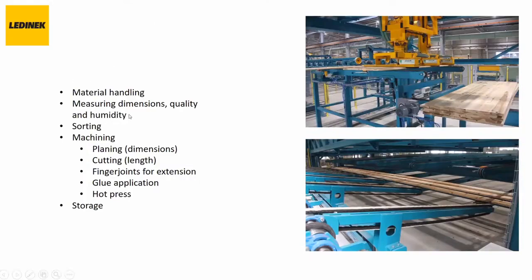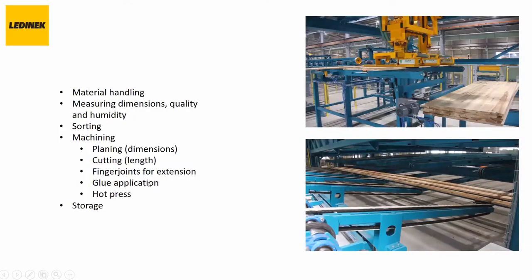We have material handling, and a measuring of the dimensions, the quality, the humidity and so on. This results in a sorting strategy, and then these elements are machined again: they're planed to dimension, cut to length, and given finger joints, so you can achieve all these different lengths, for example up to 12 meter lengths, or depending on the CLT manufacturer what maximum length you need, and 3 or 5 meters in width.